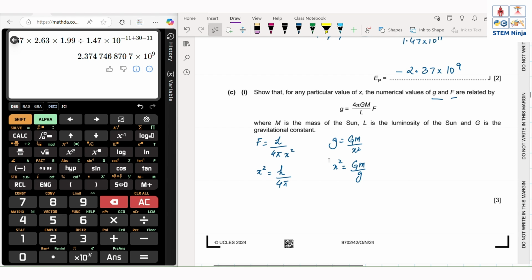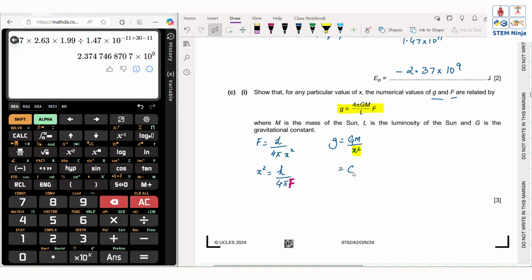All right, so we substitute for x squared. In this question, we can do this over here, 4 pi f over here. We can substitute for x squared because we need it in the form of g.